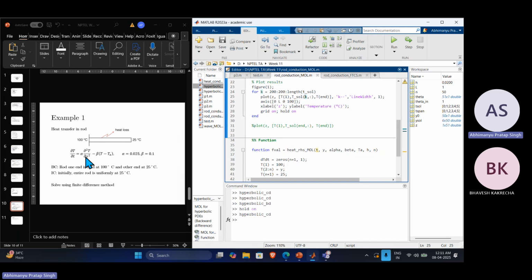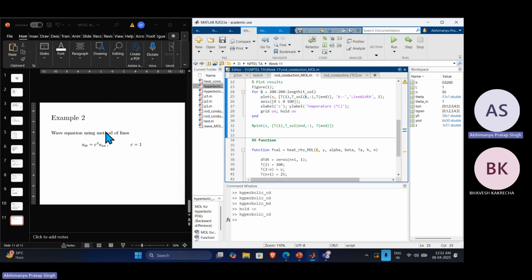So we were using method of lines to discretize the spatial domain, and we were using ODE45 to solve the time derivative as a first order ODE. But for the wave equation, even though the spatial derivative is still second order, the time derivative is also a second order equation. Okay, let me go back to the whiteboard.